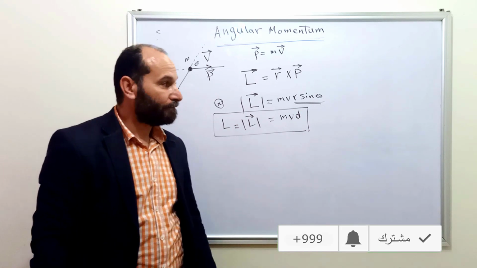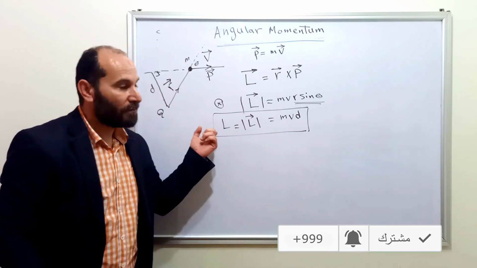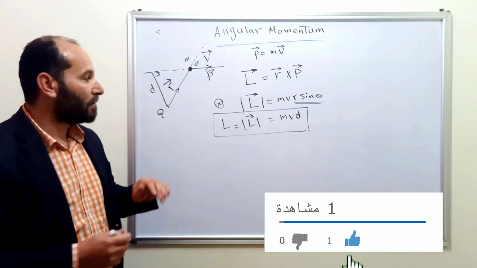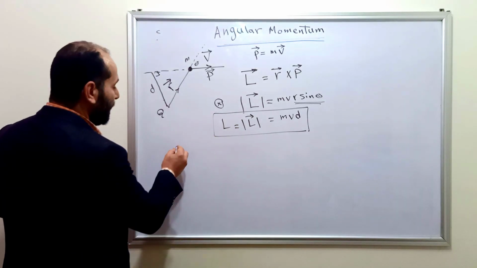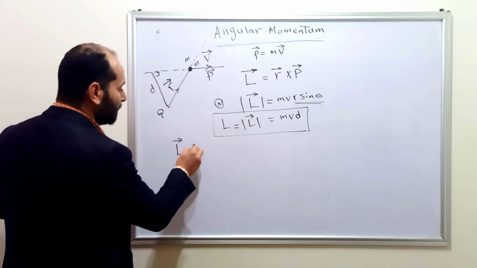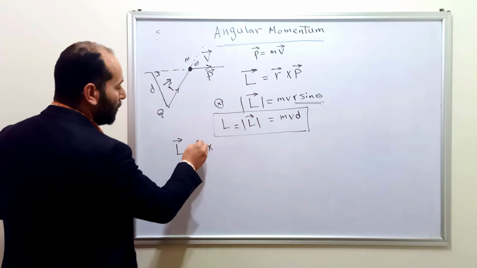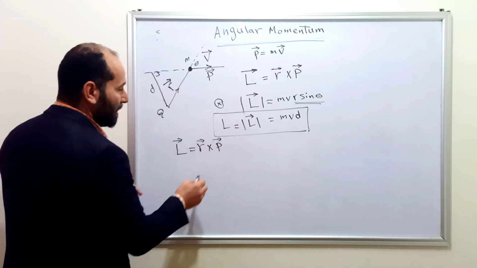What is the relation between rate of change of angular momentum and torque? L equals R cross P, as we said.